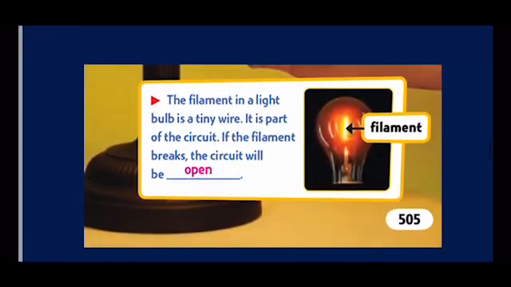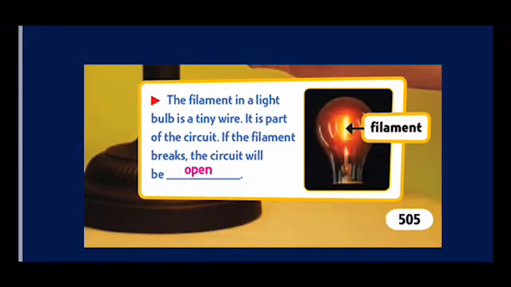Now, look at this small exercise. The filament in the light bulb is a tiny wire. You can see it with your own eye. Try to find a bulb in your home and look through it. Of course, if you want to touch it or look through it, make sure it is not plugged in, okay?